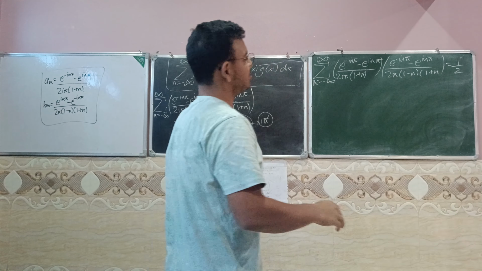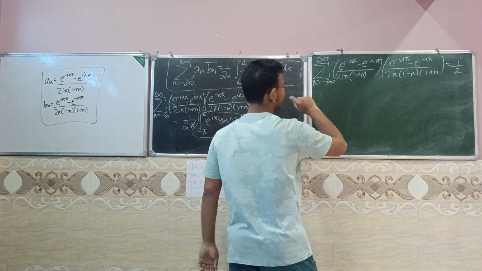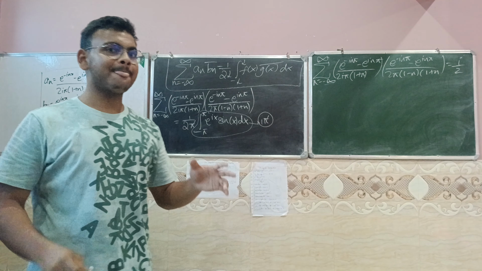Just imagine that this sum from negative infinity to infinity is being evaluated to i over 2.